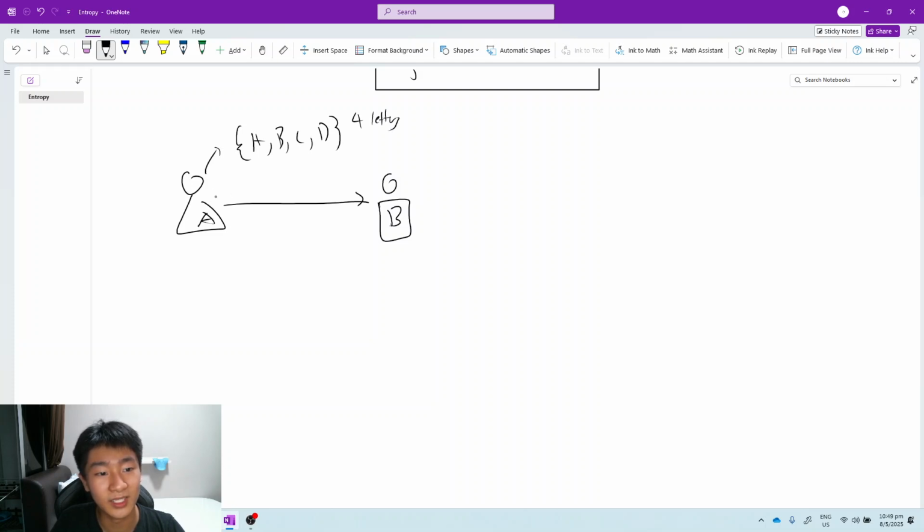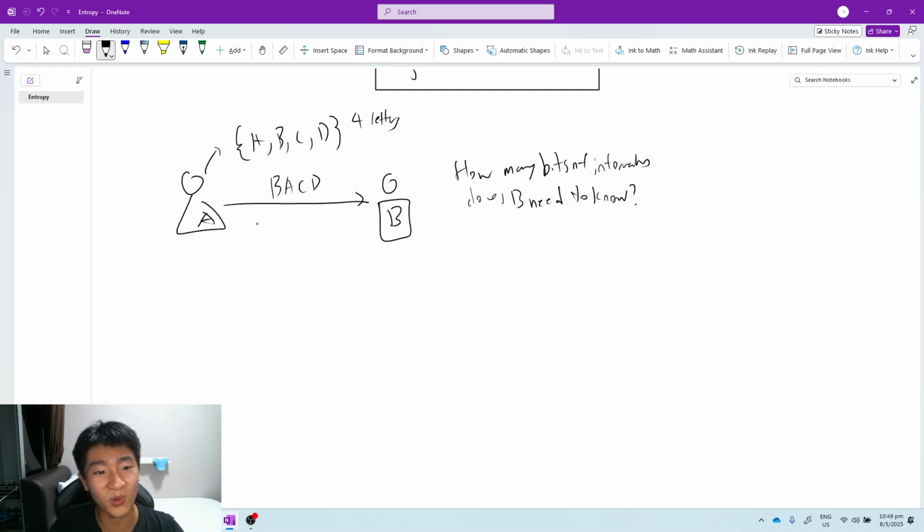And so A might want to say, let's say, B, A, C, D to B. So the question is, how many bits of information does B need to know to decipher what message A is trying to say?